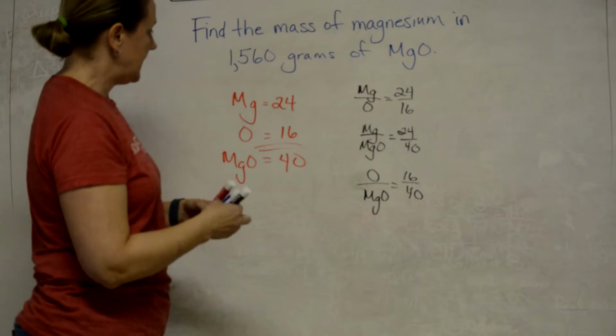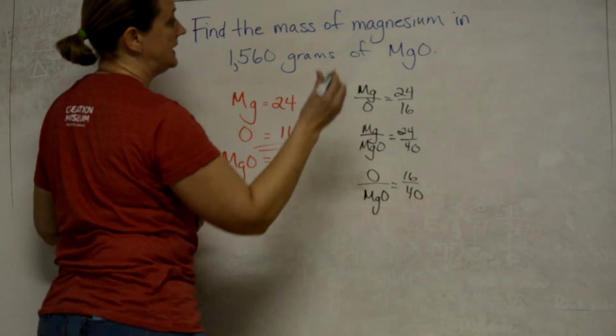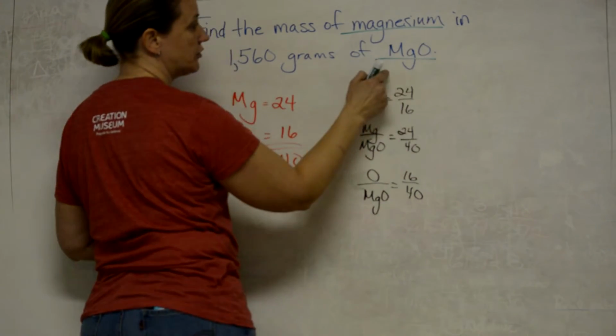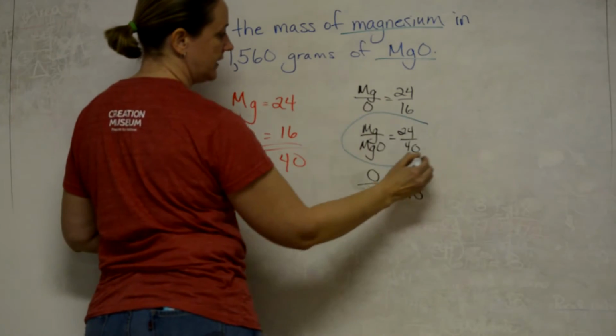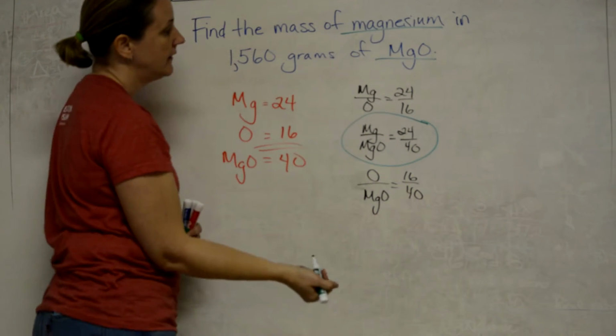So then I'm going to look at it and say, all right, I want to find the mass of magnesium in this total compound. So I'm going to use this ratio because that's what I'm trying to calculate.